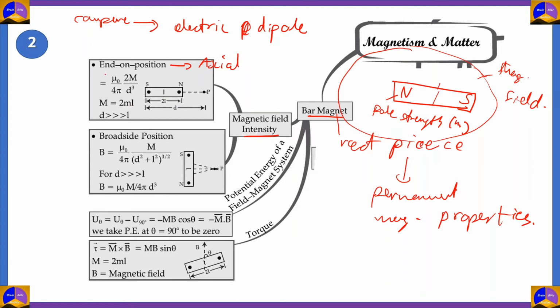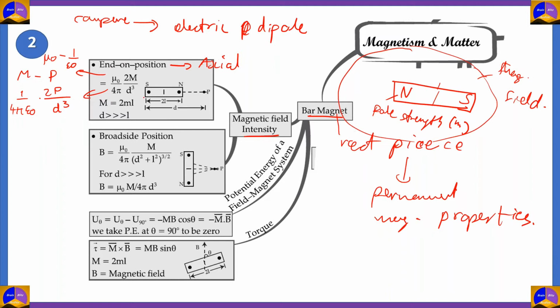So if we take this equation and substitute mu naught as 1 by epsilon naught, and we substitute the value of m for p, then we'll get this equation as 1 by 4 pi epsilon naught times 2p by d cubed. Now, this is the exact same formula for the electric field intensity at an axial position of an electric dipole.